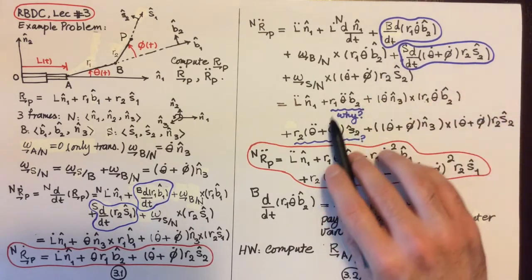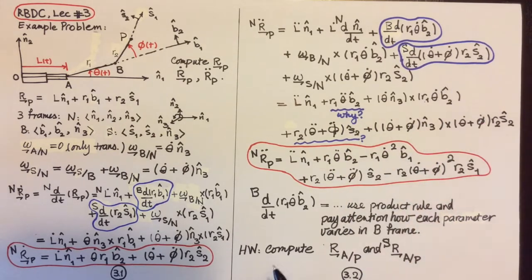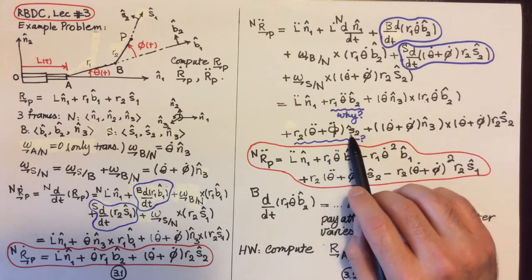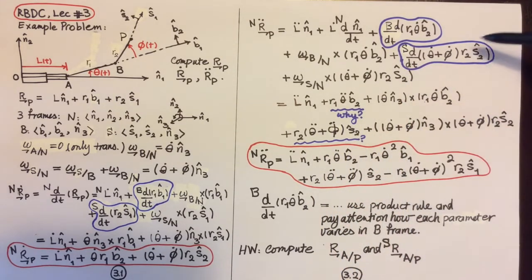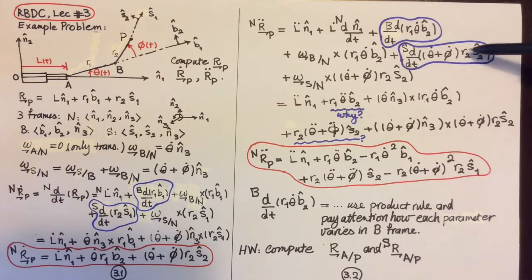So we end up having R1 theta double dot B2 hat. Same thing here. We end up having R2 theta double dot plus phi double dot S2 hat. Other terms go to 0 because R2 is fixed in magnitude in the S frame, therefore R2 dot goes to 0 and S2 hat dot in the S frame goes to 0.